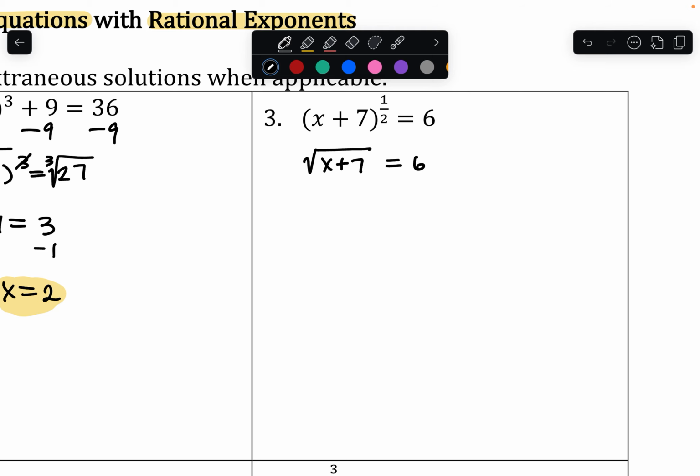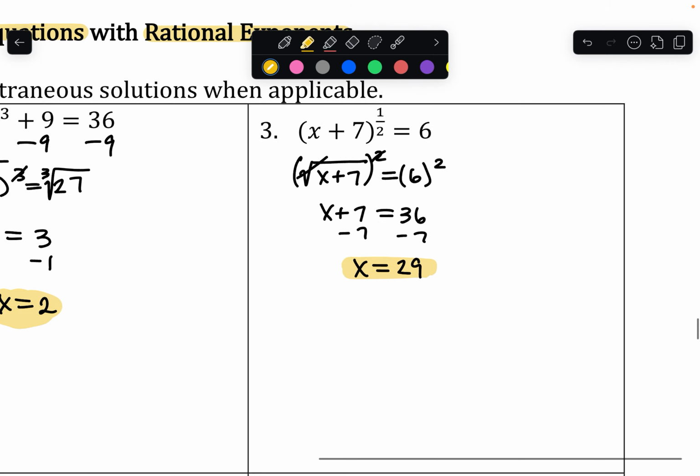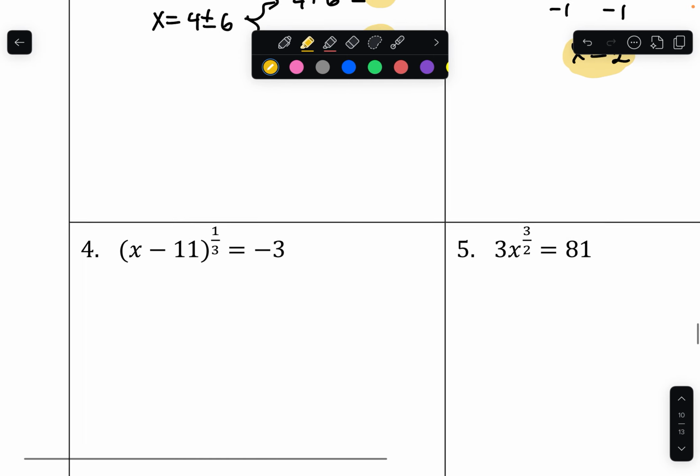Okay, so to get rid of the square root, we square both sides. Okay, the square root and square cancel, giving me x plus 7 equals 36. Then we subtract 7, and we get x equals 29. Okay, just one solution there, no plus or minus.